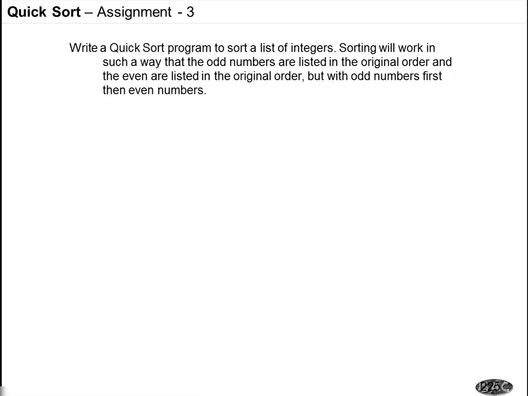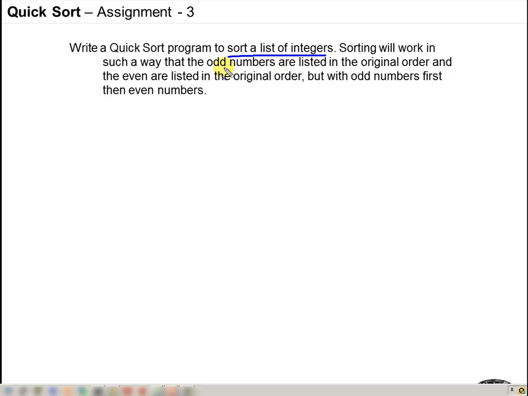Write a quick sort program to sort a list of integers. Sorting will work in such a way that the odd numbers are listed in the original order and the even numbers are listed in the original order, but with the odd numbers first, then even numbers. So this is a little complicated, okay? Quick sort program to sort a list of integers, but how it will do it is a little interesting.